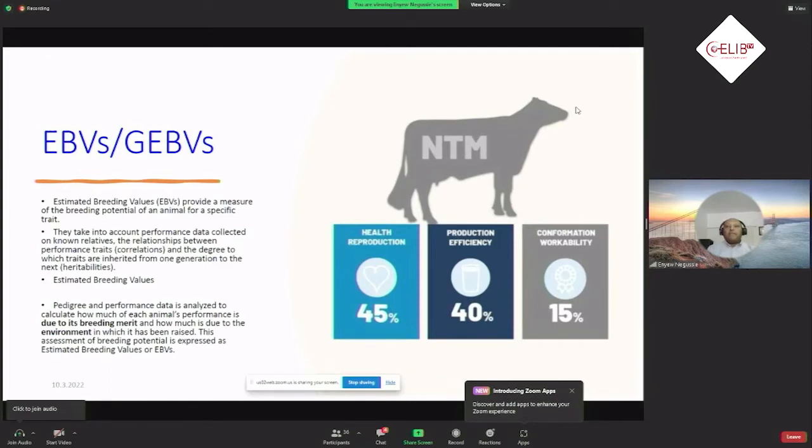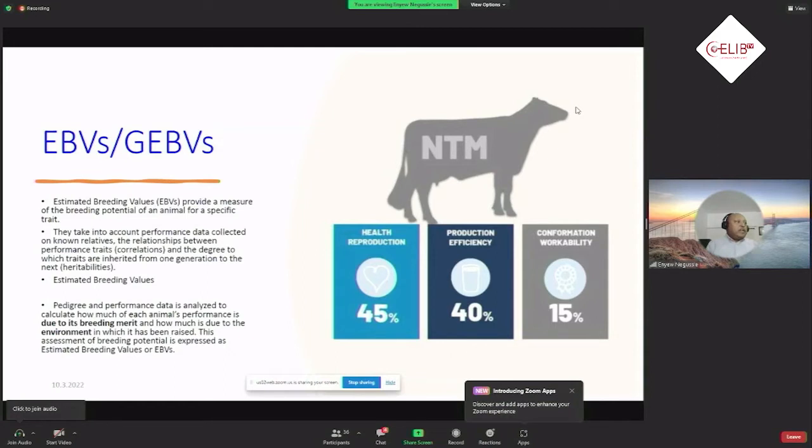If you have a poor model, then you have incorrect breeding values, which would mean you are going to select the wrong animal, and that is not a good thing to do. Estimated breeding values, as you might all know, provide a measure of the breeding potential of the animal for a specific trait. If you are doing a single trait, and nowadays selection is never on a single trait but a combination of traits, for our understanding we start from the simple case and go on.